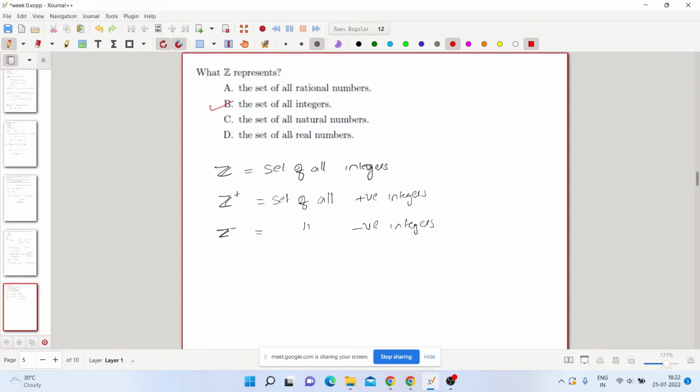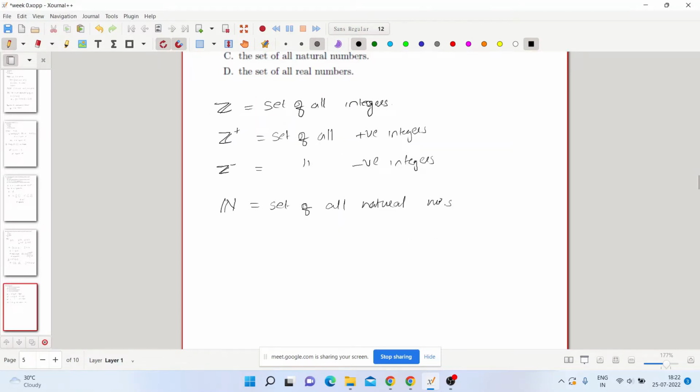Now let us see what are all the notations for rationals, naturals and real numbers. So natural numbers is represented by N, like this. N is the set of all natural numbers. And rational numbers are denoted by Q. Q is the set of all rationals.